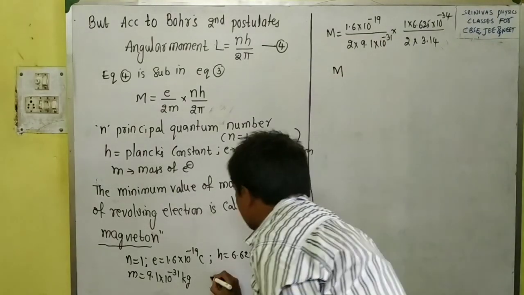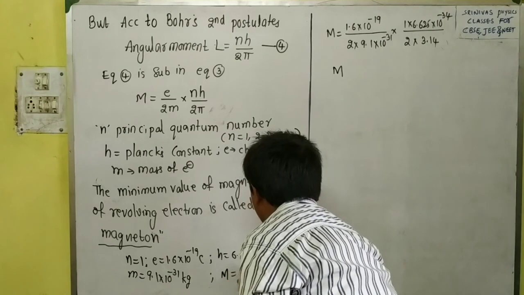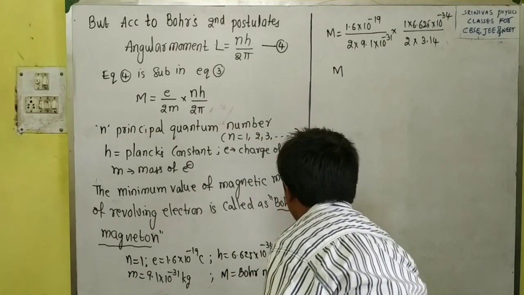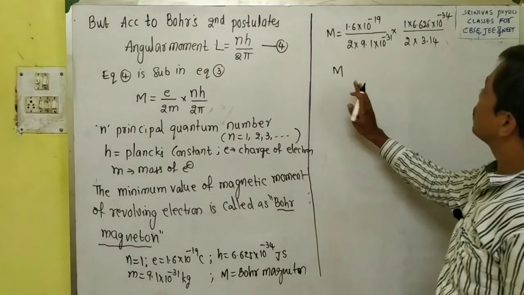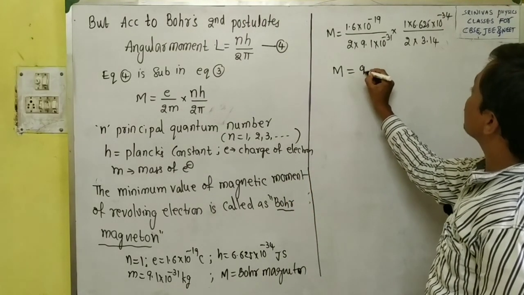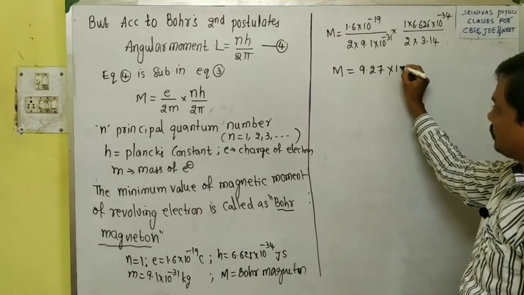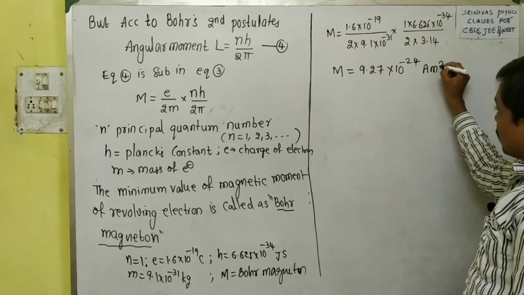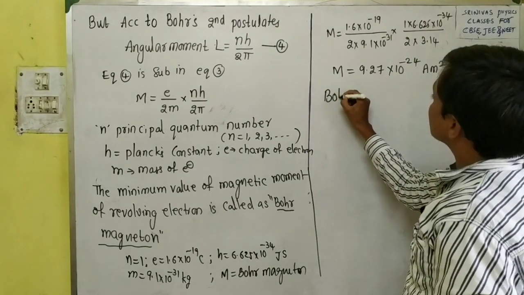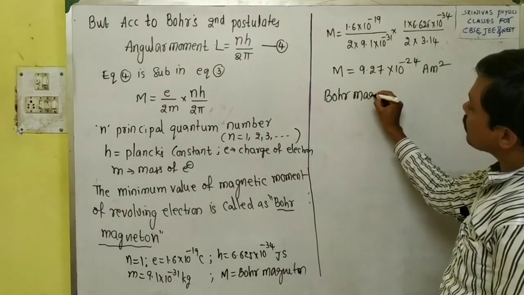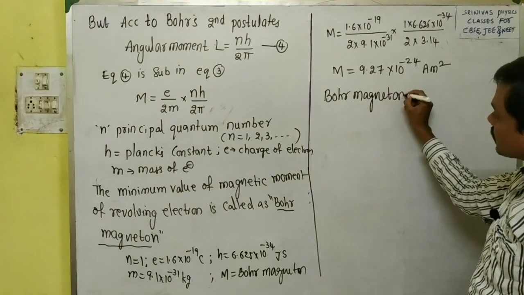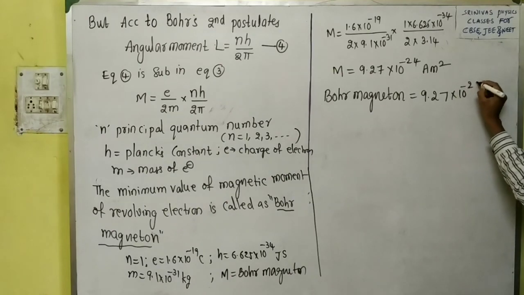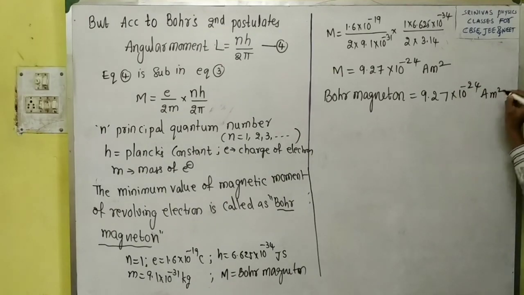Here M is the Bohr magneton. After simplifying we will get this value. This is the Bohr magneton, 9.27 into 10 to the power of minus 24 ampere meter square.